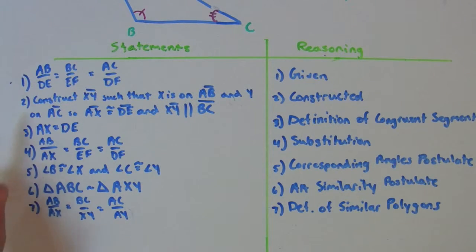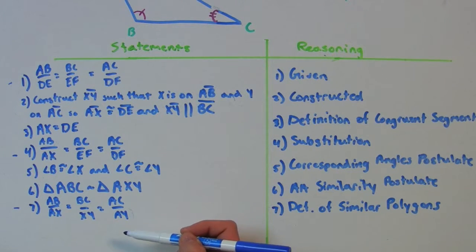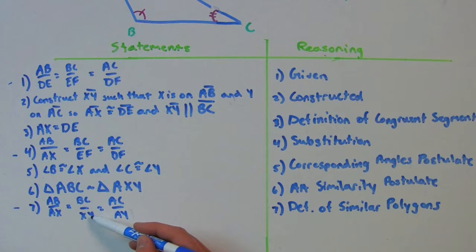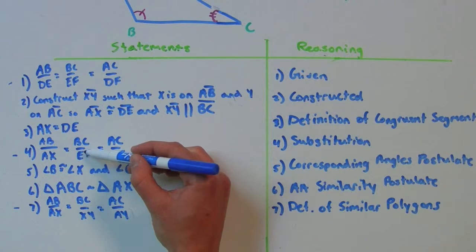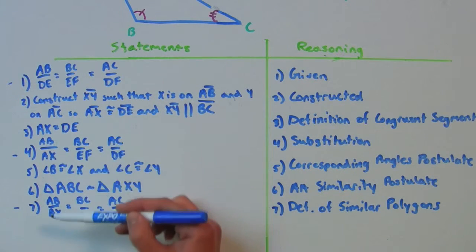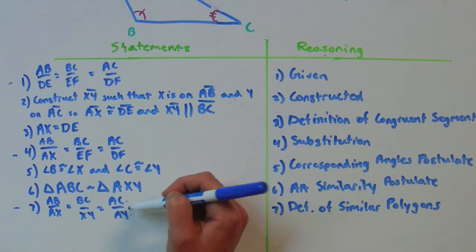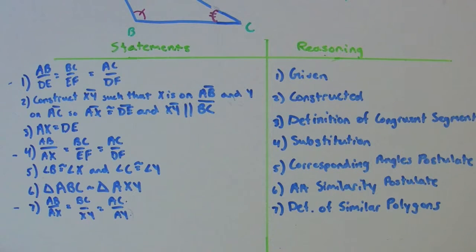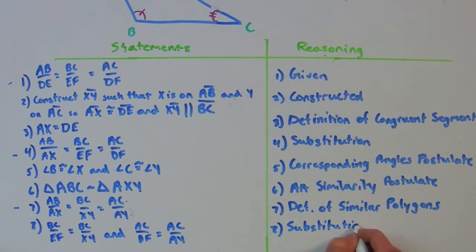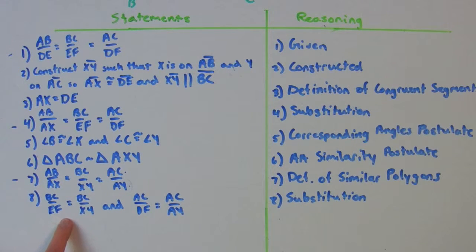Now looking at our proof, we have three different proportions. So we're going to be able to use substitution and say that BC over XY is also equal to BC over EF, because this AB over AX and this AB over AX are equal to both of them. Same with AC over AY and AC over DF. So BC over EF equals BC over XY, and AC over DF equals AC over AY.